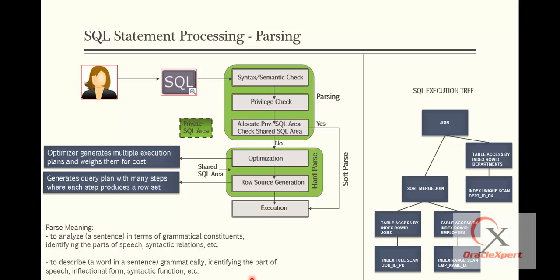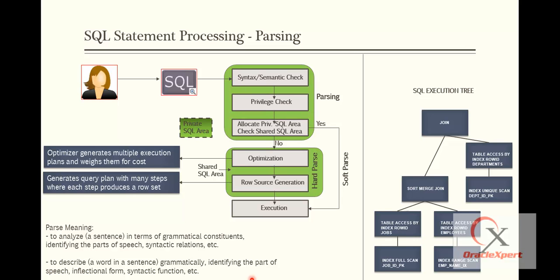So beyond optimization, there is row source generation. In SQL row source generation, the row source generator, which is software code written by Oracle, receives the execution plan obtained from the optimization phase given by the optimizer, and outputs the execution plan for the SQL statement.